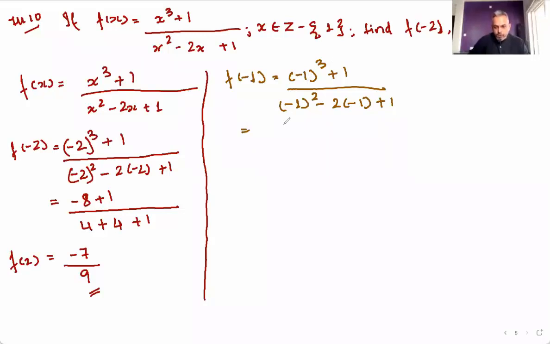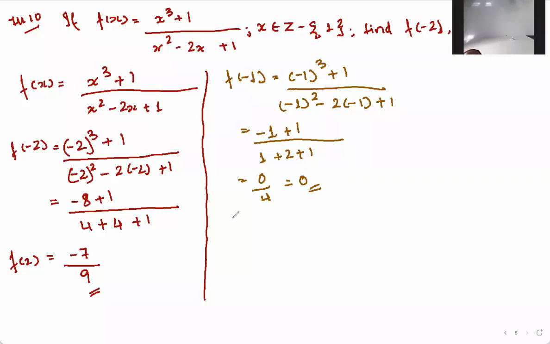Minus 1 into minus 1 into minus 1 is minus 1, plus 1, upon minus 1 square is plus 1, minus 2 into minus 1 is plus 2, plus 1. Minus 1 plus 1 is 0, upon 4, is always equal to 0. Next one, third one.